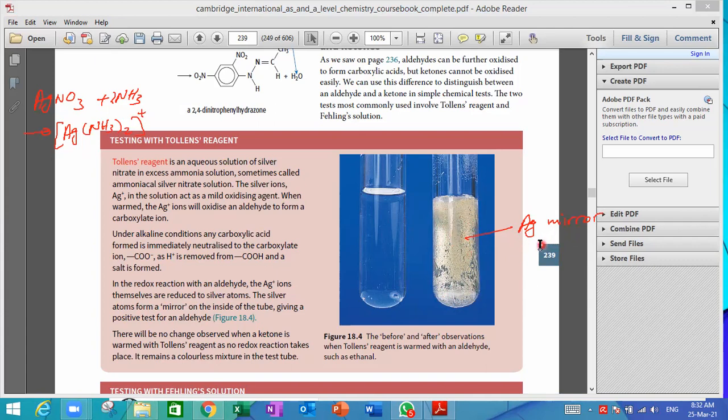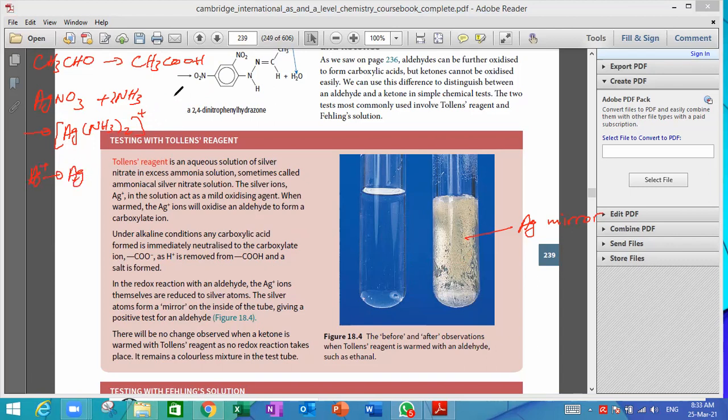So what happened is that in case of aldehydes, when they react with Tollens reagent, which is the ammoniacal silver nitrate, at once the ammoniacal silver nitrate is going to oxidize the aldehyde. The aldehyde is going to be oxidized to the carboxylic acid, and the silver ion is going to be reduced to silver metal.